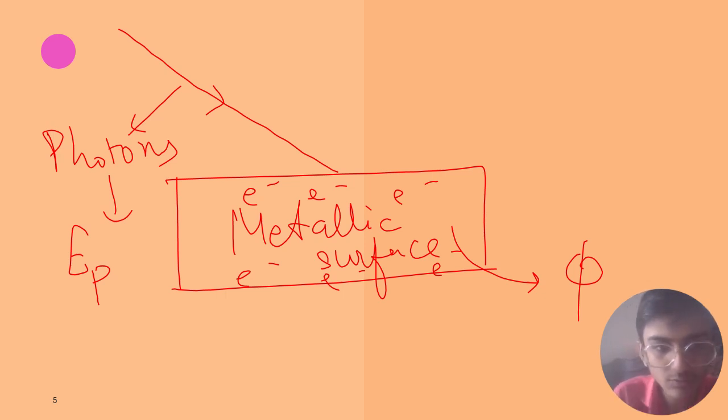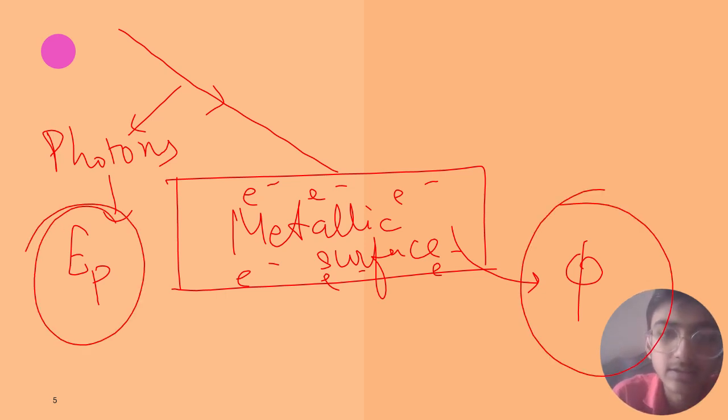Between this EP and this phi there is a comparison, and when they become equal to each other, that is EP equals phi, then no electron emission occurs. But if EP is greater than phi, or if EP is less than phi, different conditions are formed.